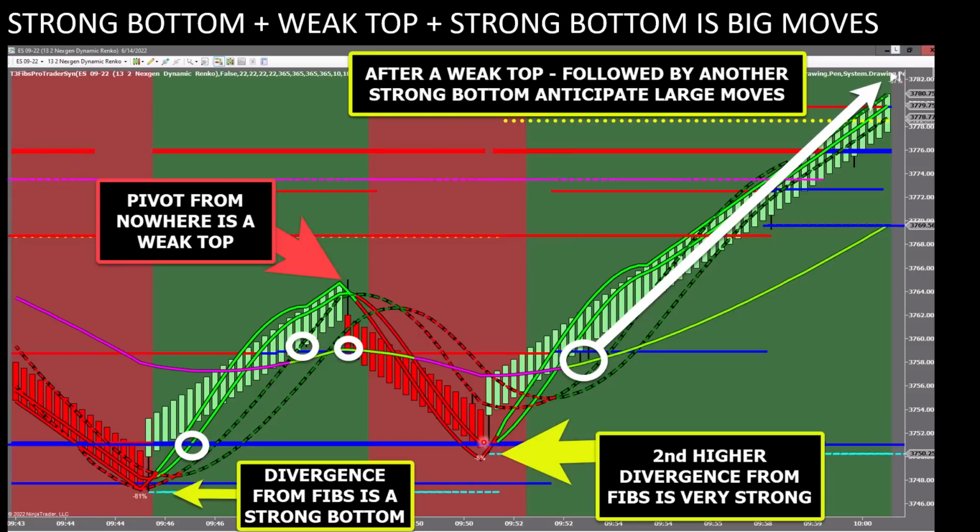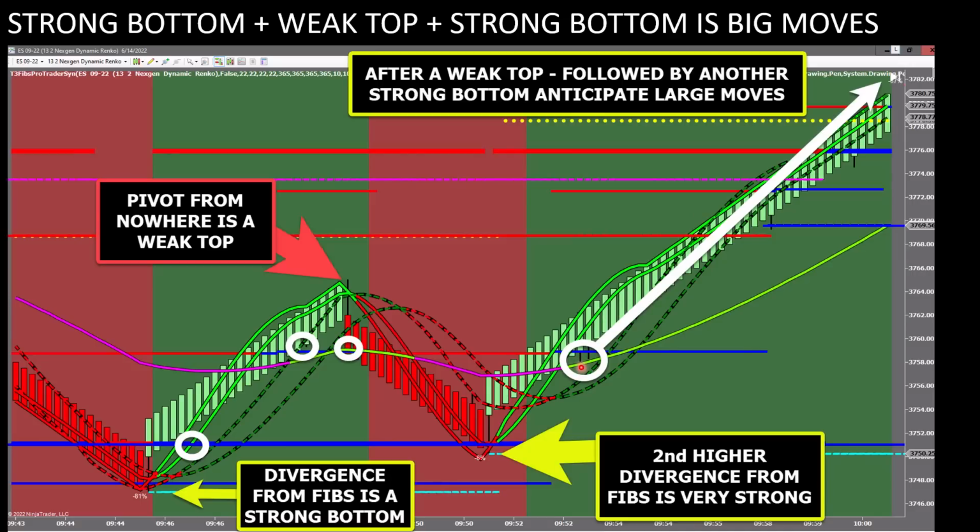And this isn't our long, again, we're just reading our charts and we say great bottom, weak top, no continuation, but we get a higher divergence than the last one, which means that's a second higher divergence from a fib, which is a very strong look for us, followed by trigger lines rolling. And this inside of this circle is where you as a new user are going to be absolutely killing it. This is where the money's made right here.